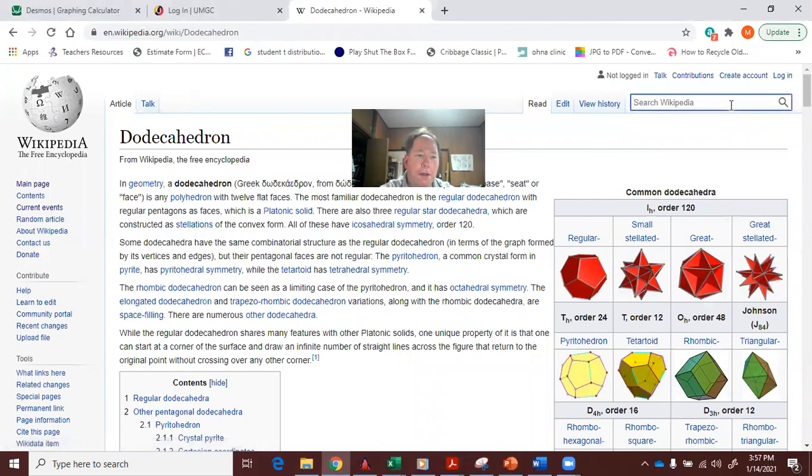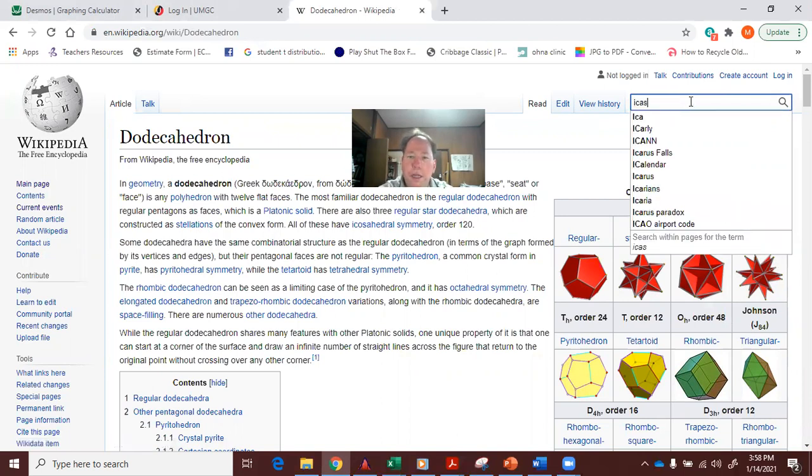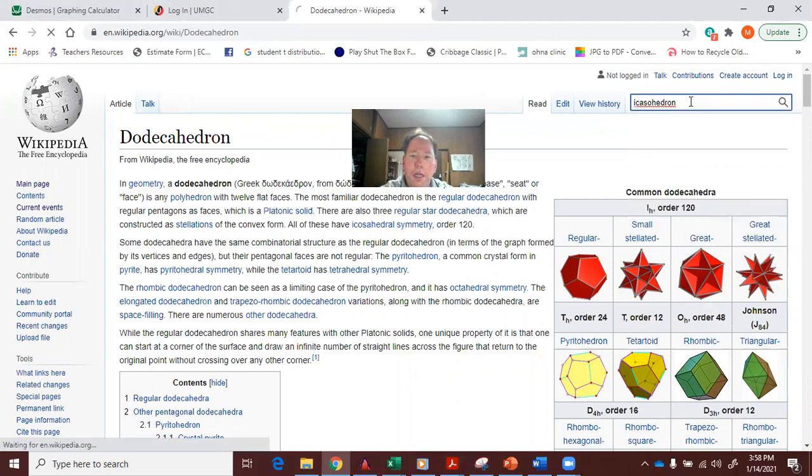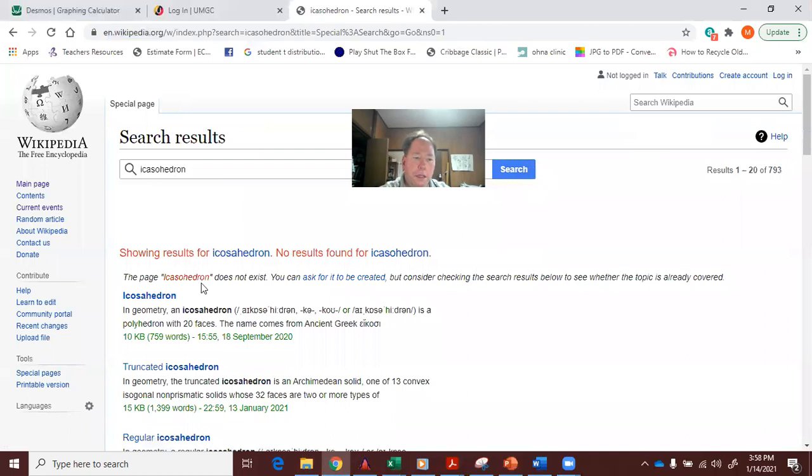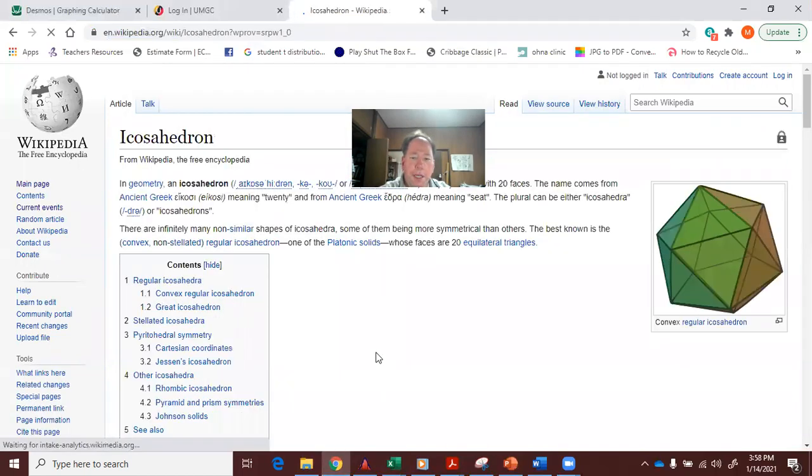All right, I know what it's called now. It's called an icosahedron. So if you have a 20-sided die, we call that an icosahedron. And here's a nice, beautiful, convex, regular icosahedron right here. Isn't that beautiful? So gorgeous. Made up of a bunch of triangles put together.